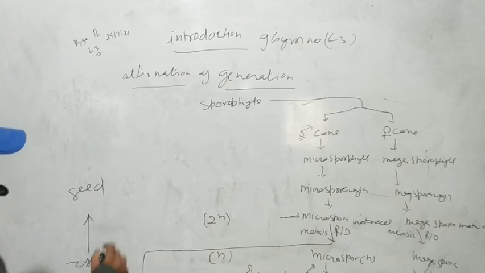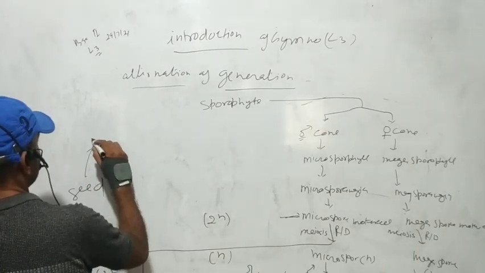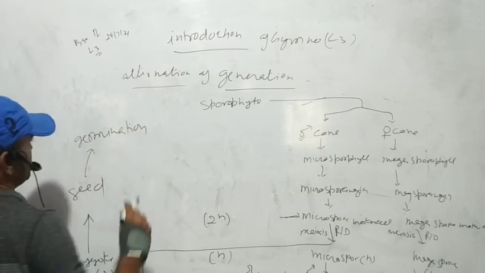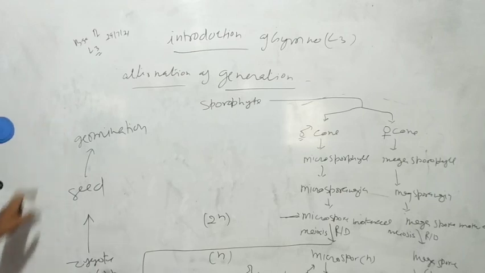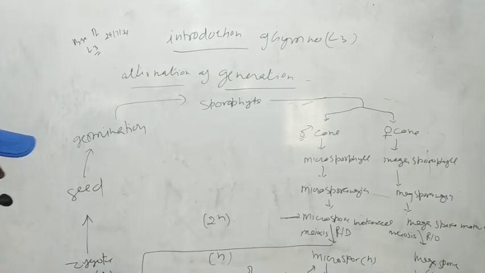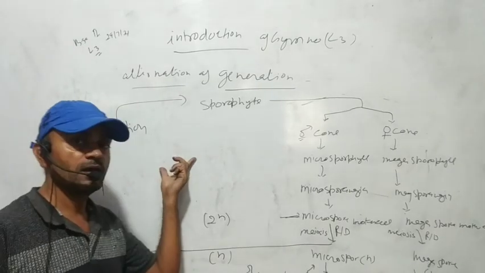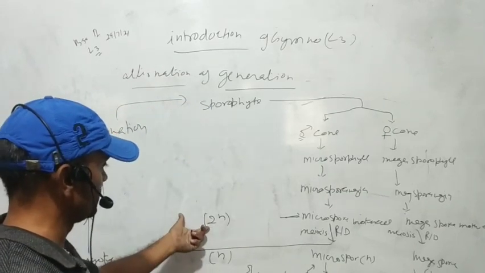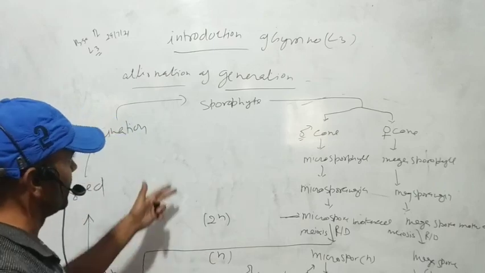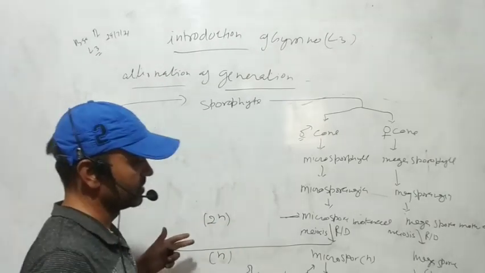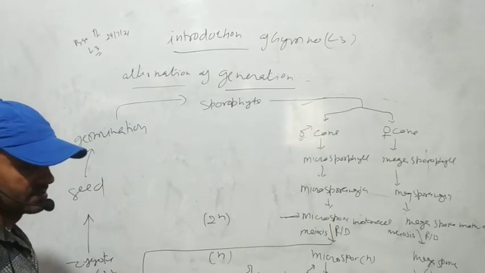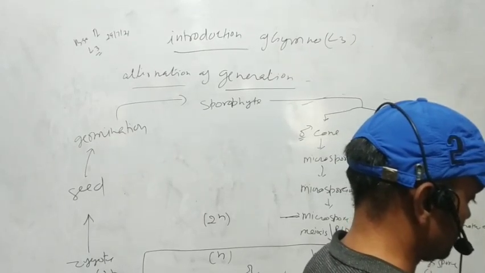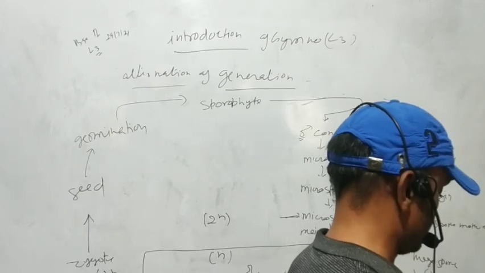On the germinating stage, we can also say germination of the seed, and again the formation of the sporophyte. So this one is chromosomally 2n, the diploid stage. This is the haploid stage, and they come alternately one by one. This phenomenon is known as alternation of generation, which we can say is mostly found in the stems.